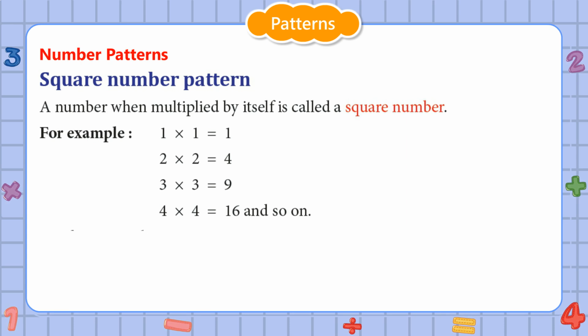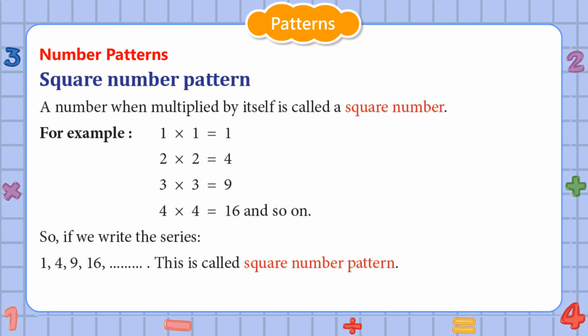And so on. So, if we write the series 1, 4, 9, 16 and so on, this is called square number pattern.